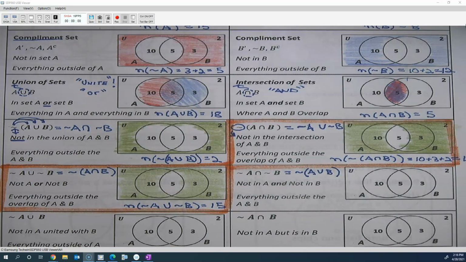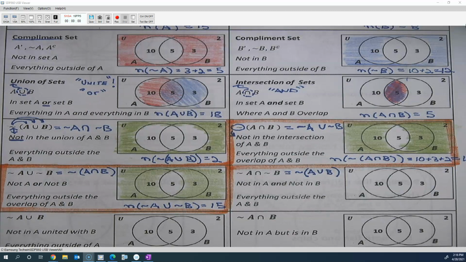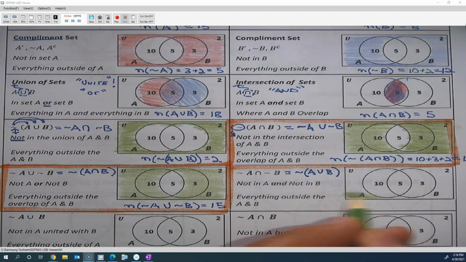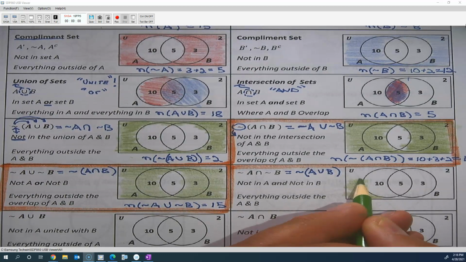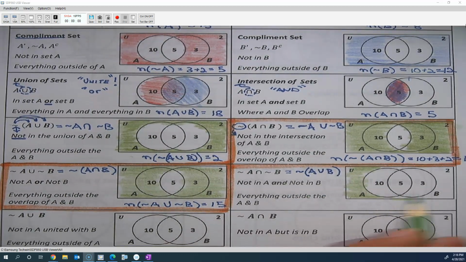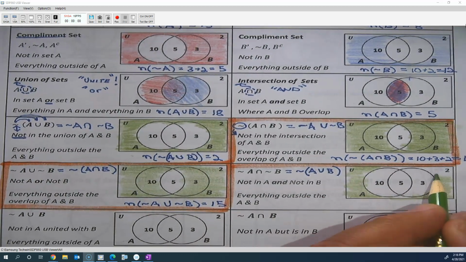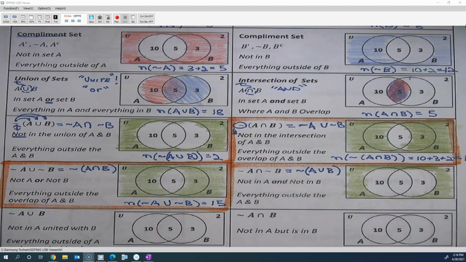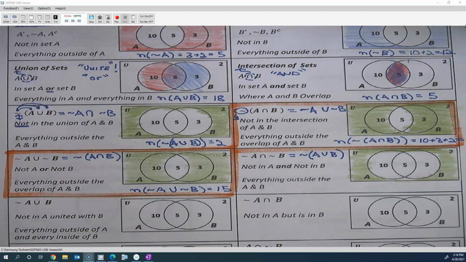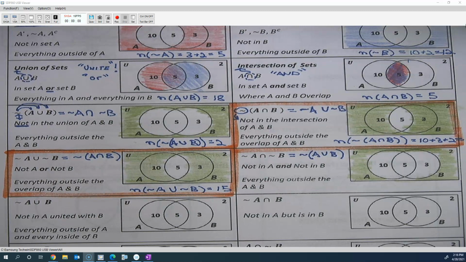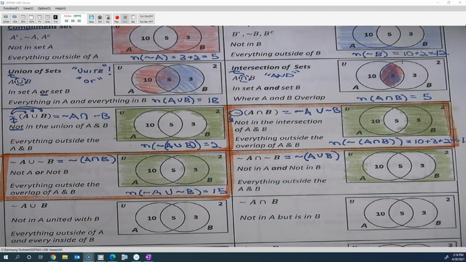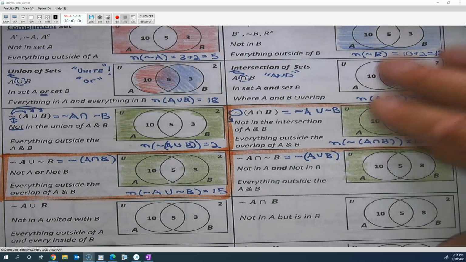Not A, not B. So that's going to look like this. So these two guys are the same.